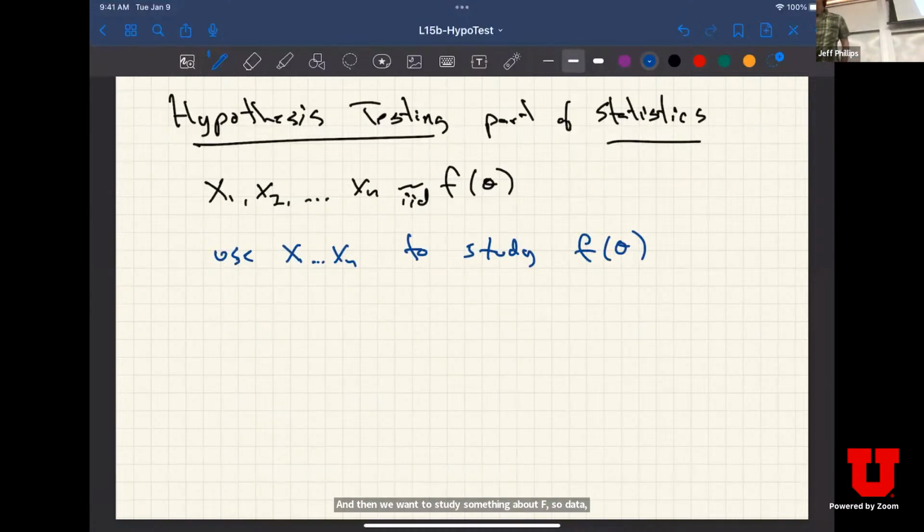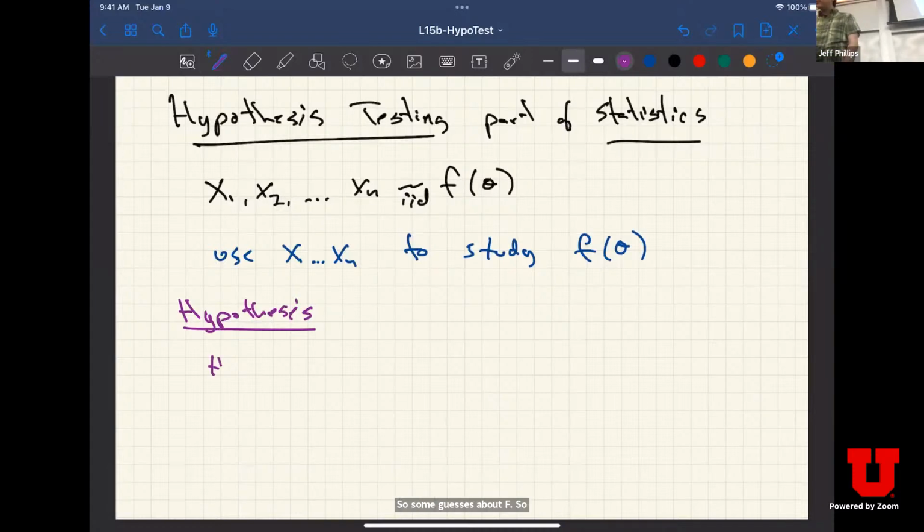What's different about what we've done before, up until hypothesis testing, is that we're going to have hypotheses. These are going to be some sort of guesses about f theta, and there are going to be two hypotheses.